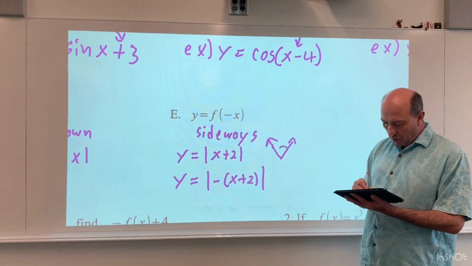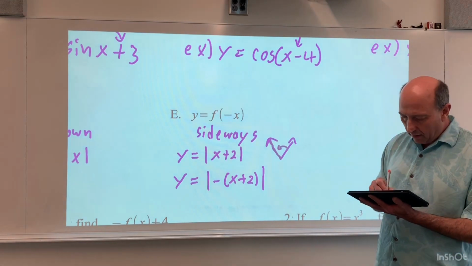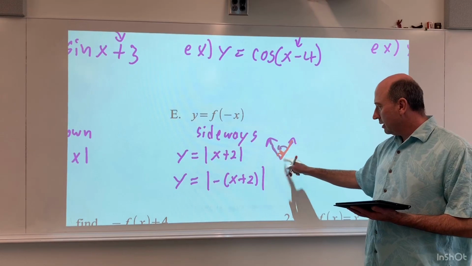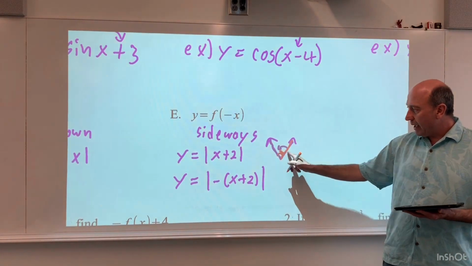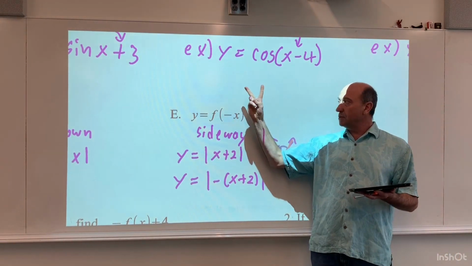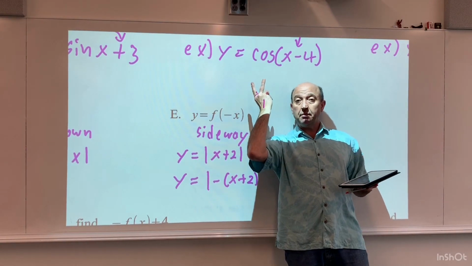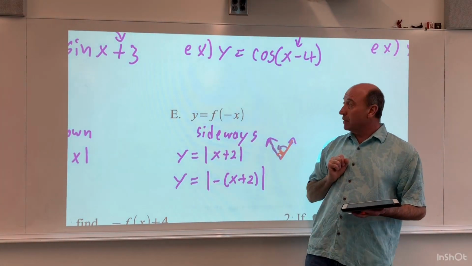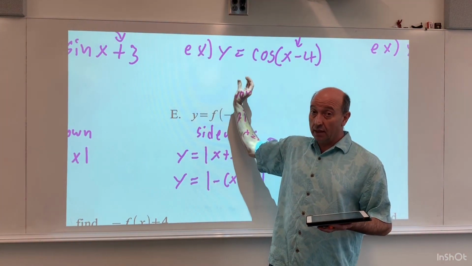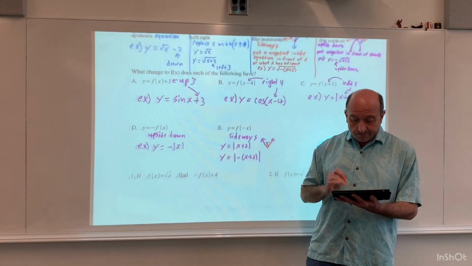Notice what it looks like. It looks the same. So if this is your absolute value like that, and you flip it sideways, it looks the same. The same would be true for a parabola. Parabolas are U-shaped. If you flip it sideways, it looks the same. You can't tell if it was flipped sideways. Interesting.